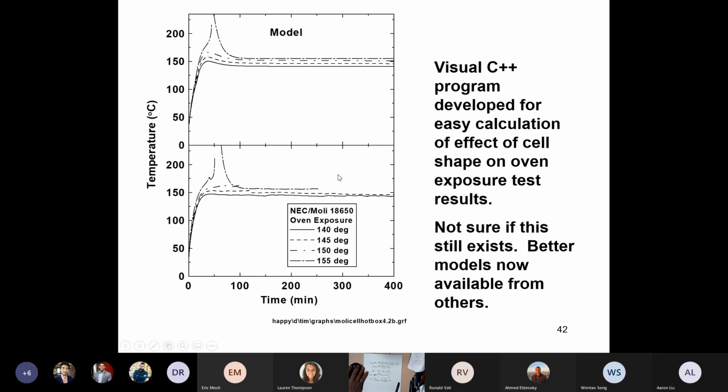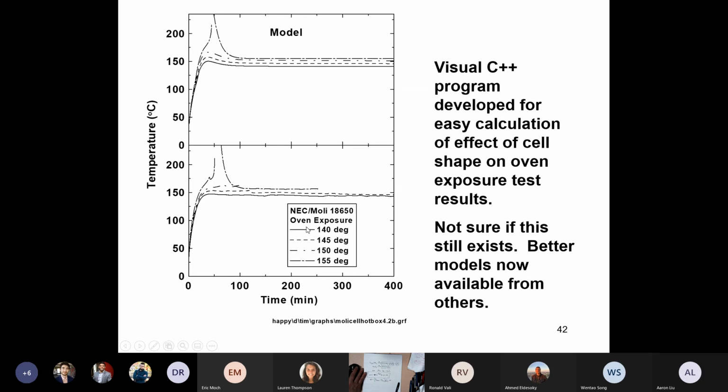And then Tim used his software and kinetics that were determined by Dean McNeil to try to model what happens to an 18650 cell from Mali Energy, which had lithium cobalt oxide in it, and used the same electrolyte that we characterized in the ARC experiments to get the reaction kinetics.